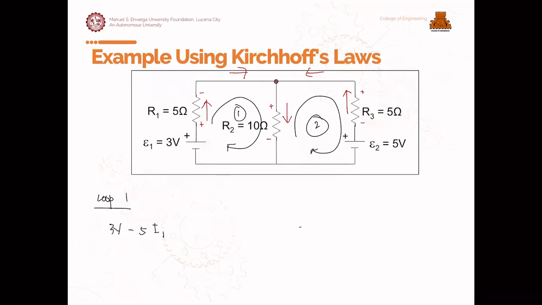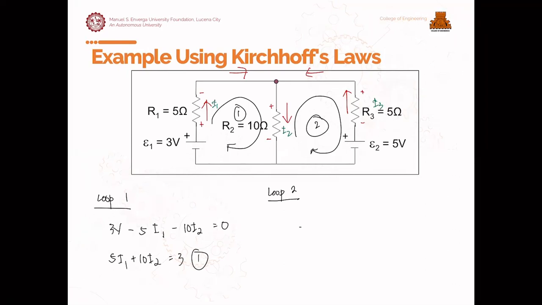Then, ito si I1, I2, I3. Okay? Okay, I2 minus 10I2, okay, is equals to 0. So, may nakuha tayo ng relationship na 5I1 plus 10I2 is equals to 3. First equation natin yan.